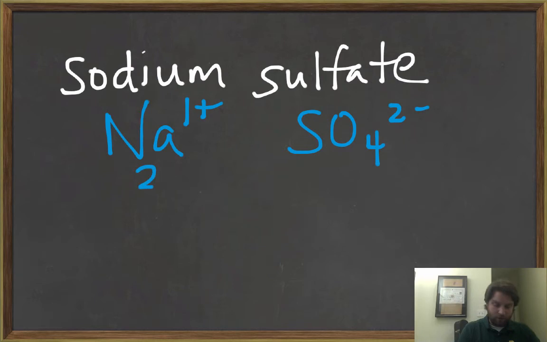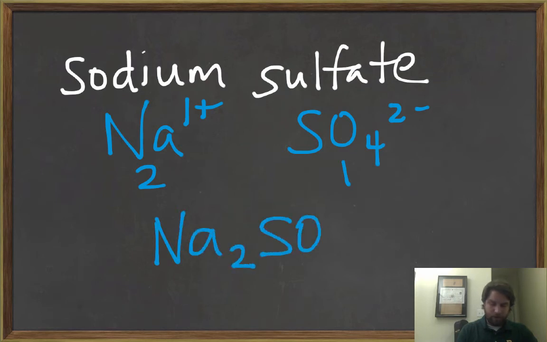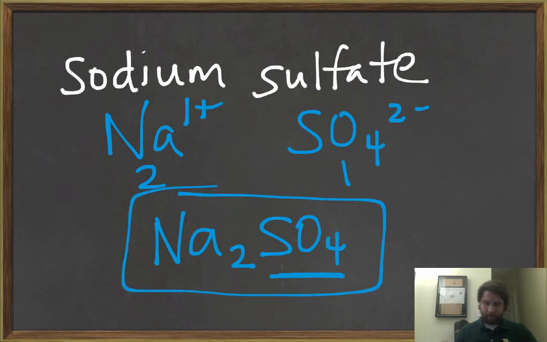We're going to need 2 sodiums for every 1 sulfate for those charges to add up to 0. So I would write Na2 and then just 1 of the sulfates. I don't need to put a 1 if there is just one of them. But don't forget that that whole SO4 unit is 1 sulfate, so don't drop any of those subscripts.